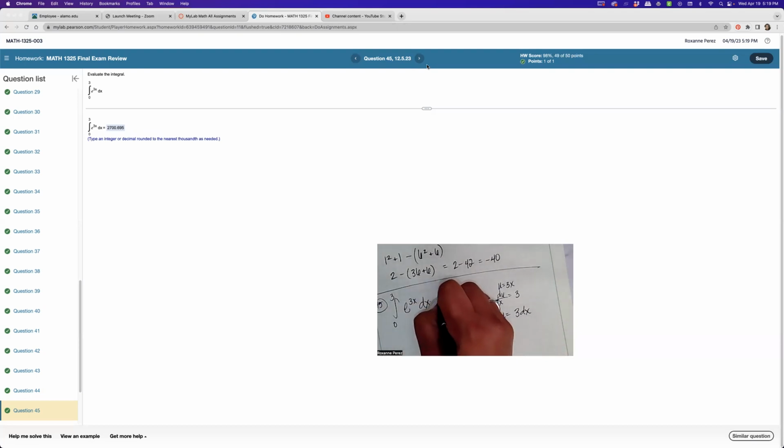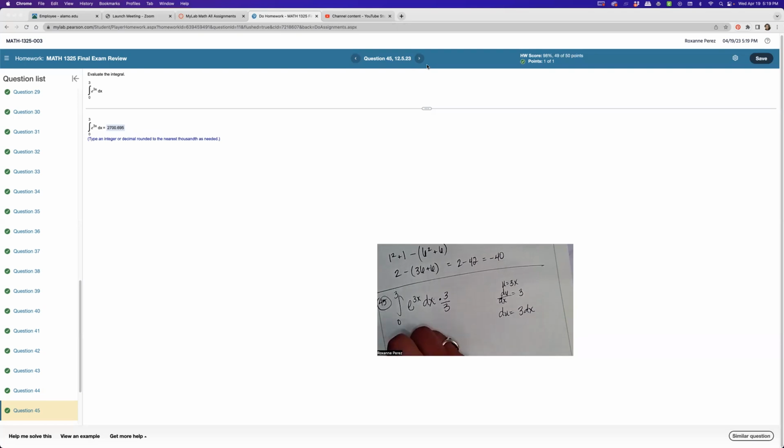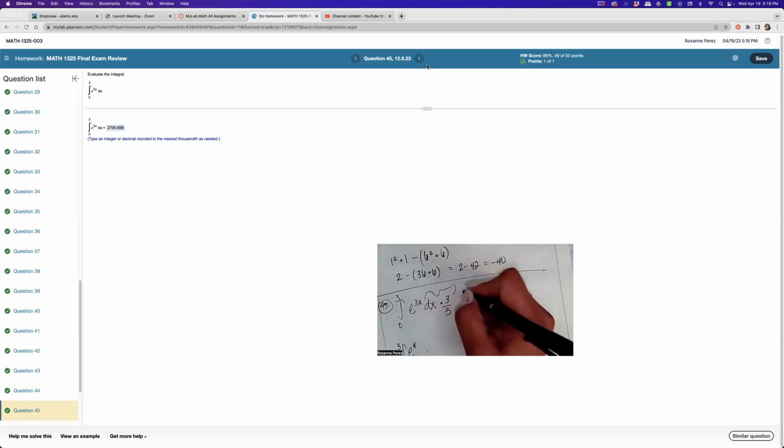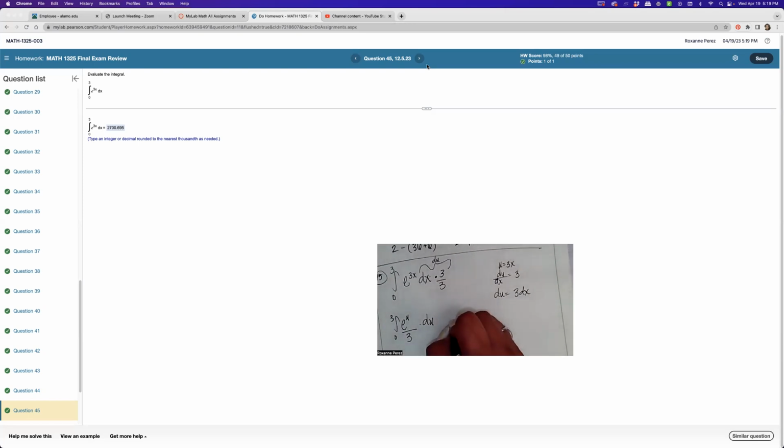So I'm going to add my 3 over 3 in here. Okay, so this ends up giving me the integral from 0 to 3 of e to the u over 3, and then this 3 times dx gets wrapped into your du. Okay, so then the result is e to the 3x over 3 from 0 to 3.